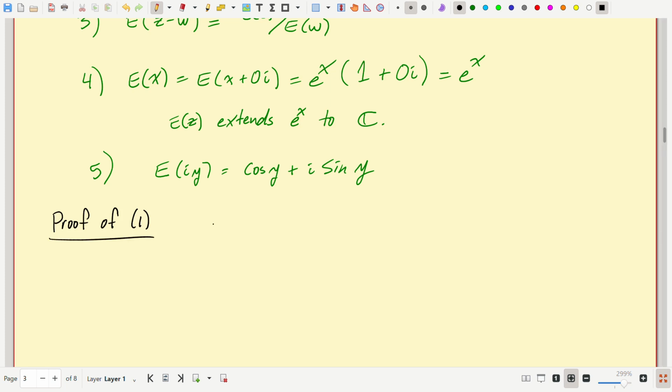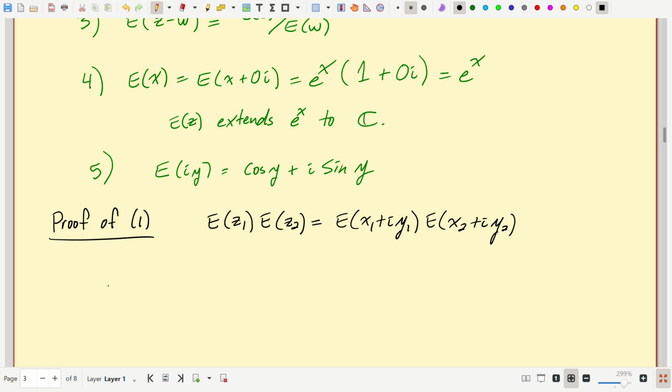So e to the z1 times e to the z2, let's write it as e to the x1 plus i y1 times e to the x2 plus i y2.